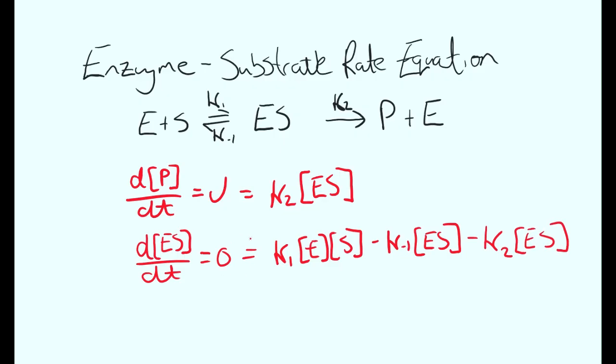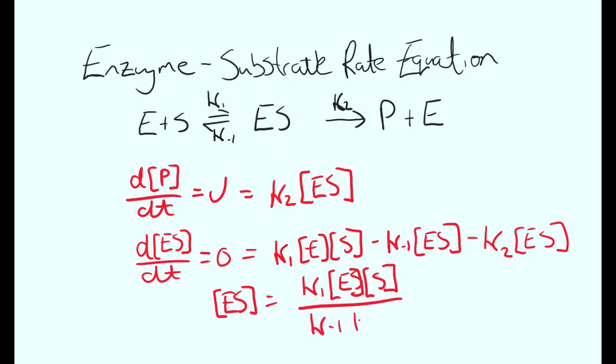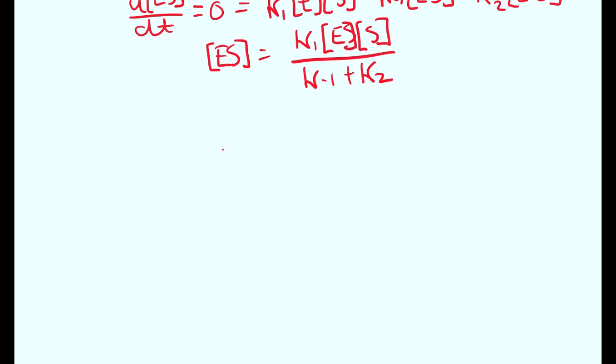If we rearrange this equation, noting that we have 0 on the left, we can define ES equal to K1 E S over K minus 1 plus K2. This, however, isn't our final expression.